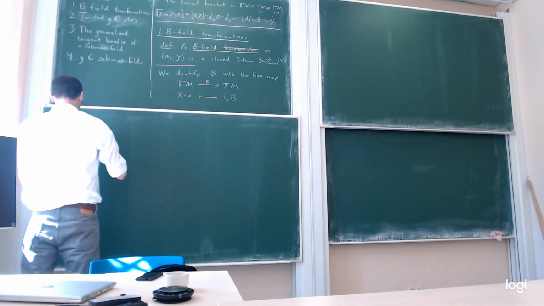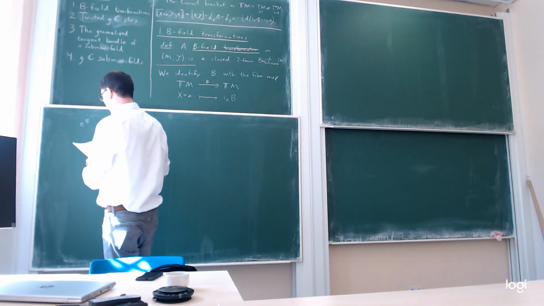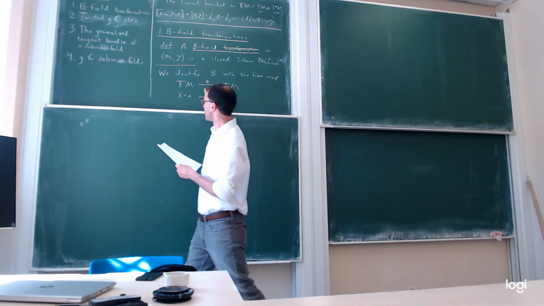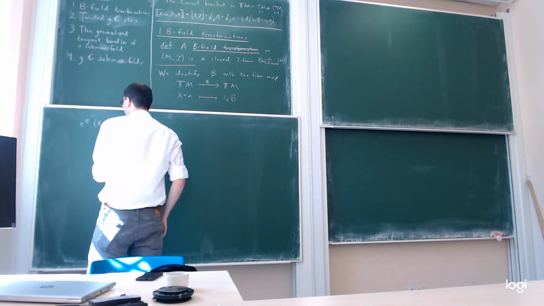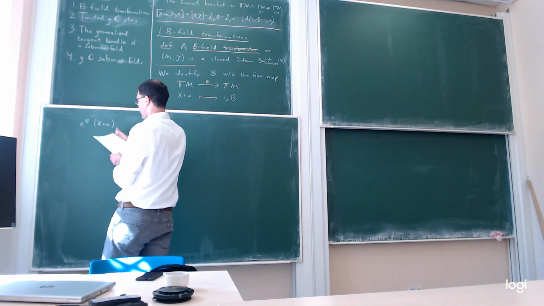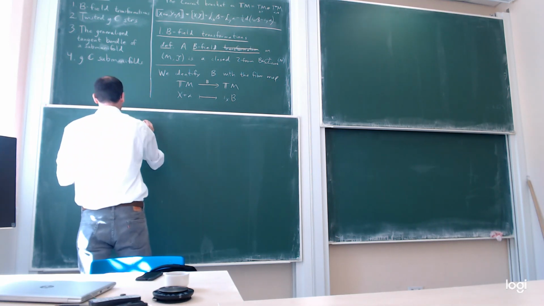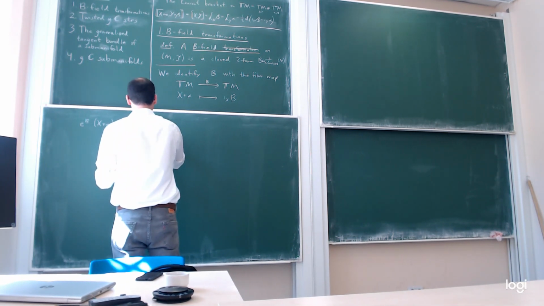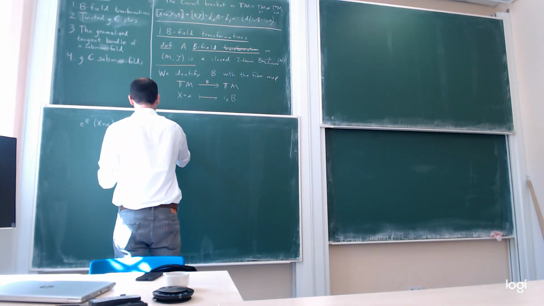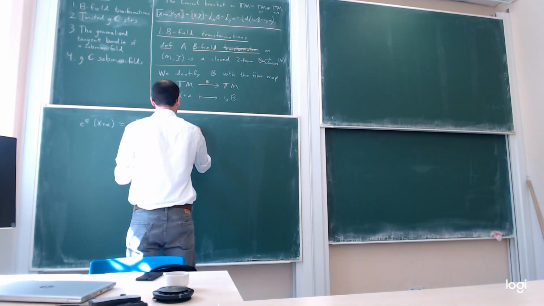So note that the exponential of B interpreted as a fiber map in this way, its value on x plus alpha is the sum as k goes from 0 to infinity of (i_x B)^k over k factorial applied to x plus alpha.